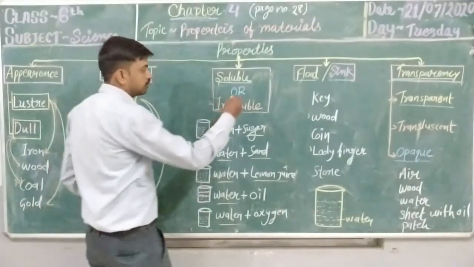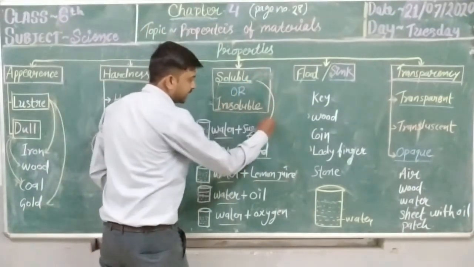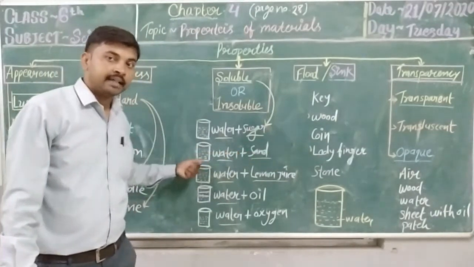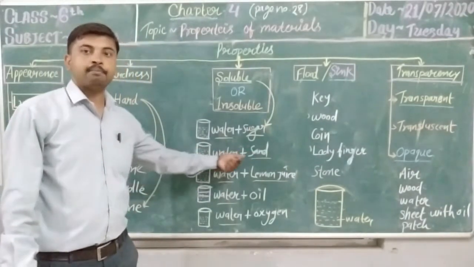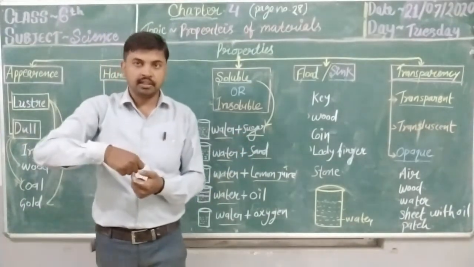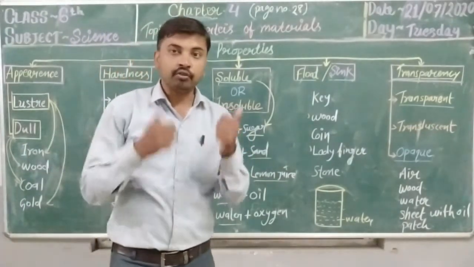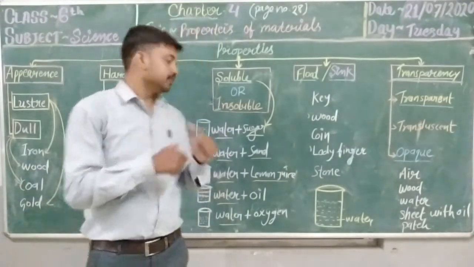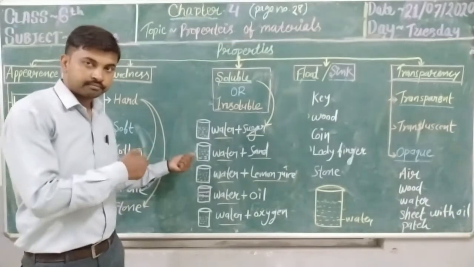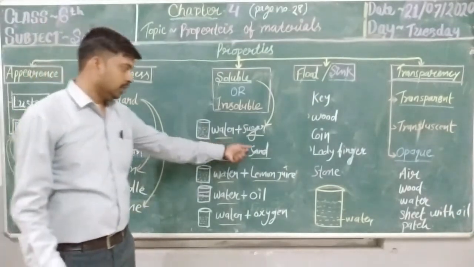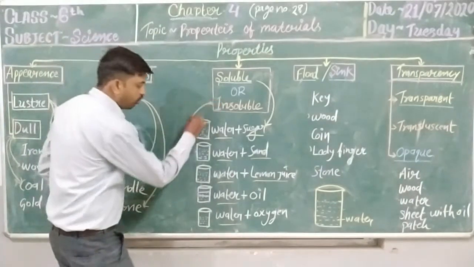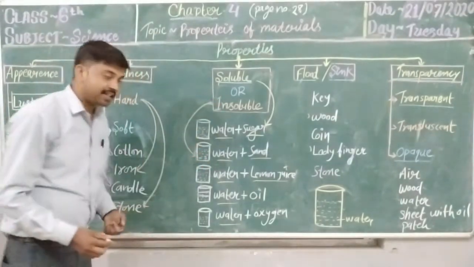So sugar goes to the soluble category. Then sand: in another beaker of water I put the sand and try to dissolve it. Can sand be dissolved in water or not?